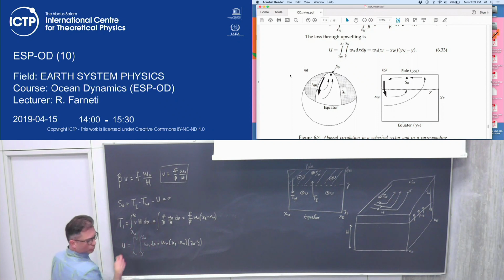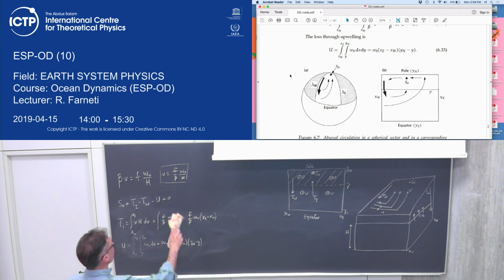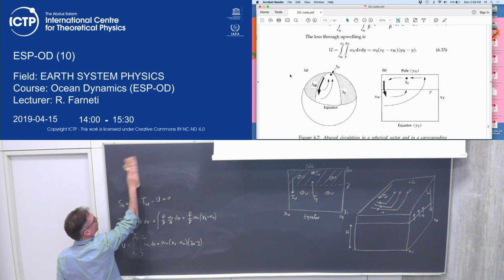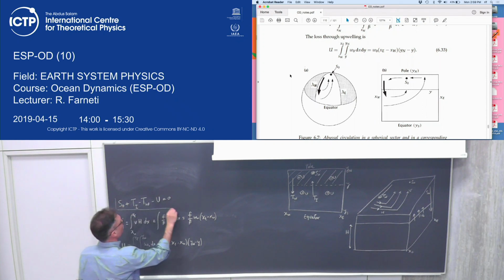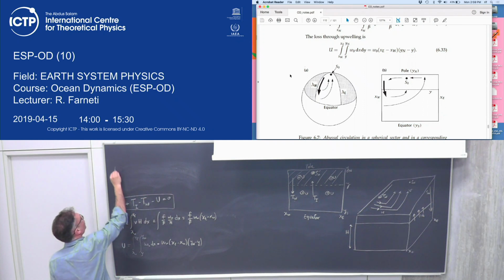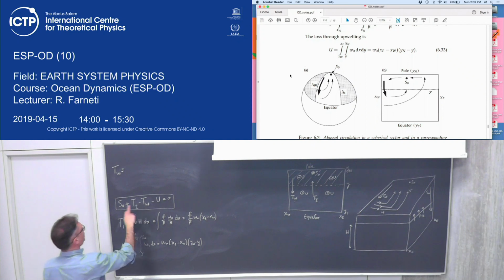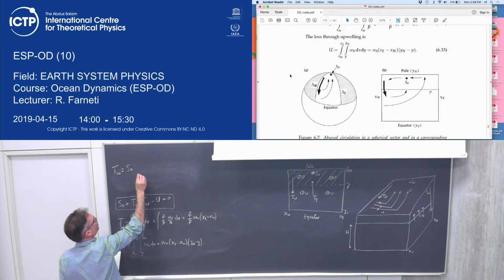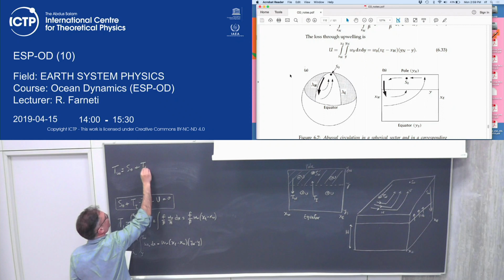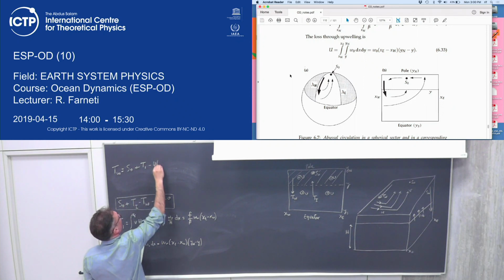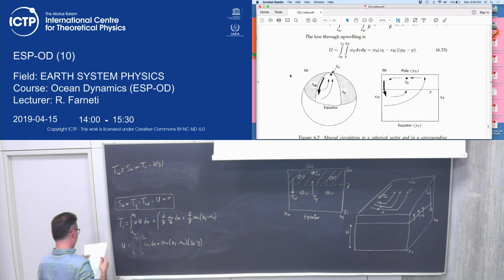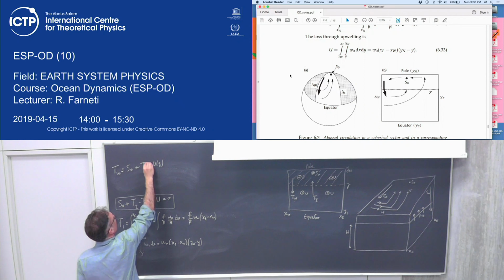So now given these two, we can estimate the strength of the western transport. So T at the west has to be equal to S naught plus the interior transport minus the upwelling at latitude y.